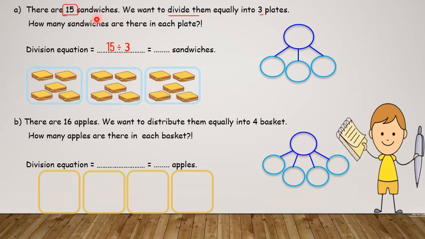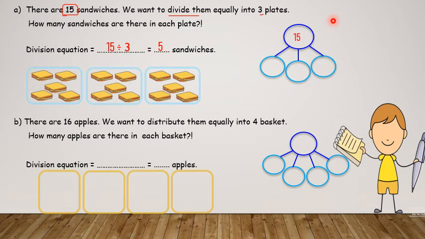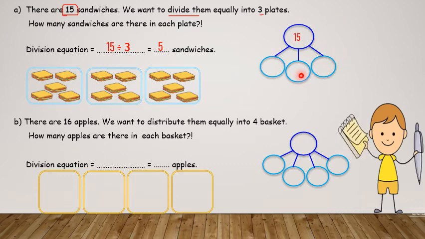So I finished all 15 sandwiches. Let's see how many sandwiches each plate has. 1, 2, 3, 4, 5. So this means 15 divided by 3 will give you 5 sandwiches for each plate. If I want to split 15 into 3 parts, 5 will be in each.